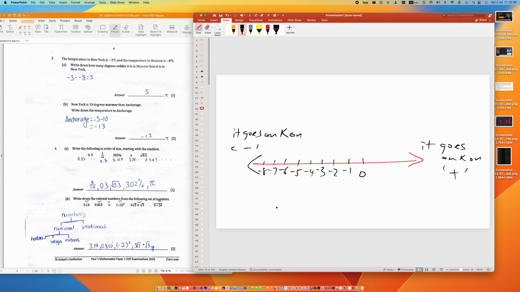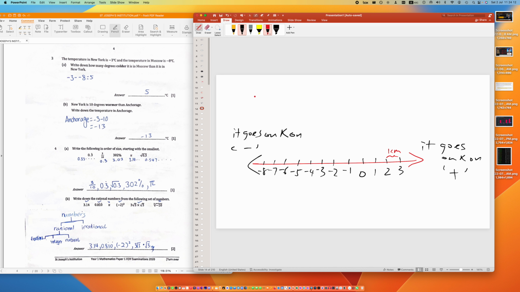Next label 1, 2, 3. I really recommend you to use a ruler. When you use a ruler, you can measure here is 1 cm. Every gap is 1 cm, 1 cm, 1 cm. It's so much easier to scale this.